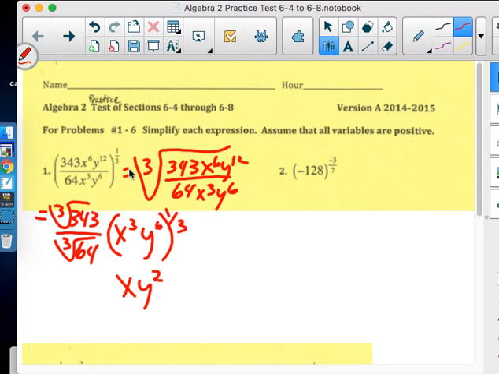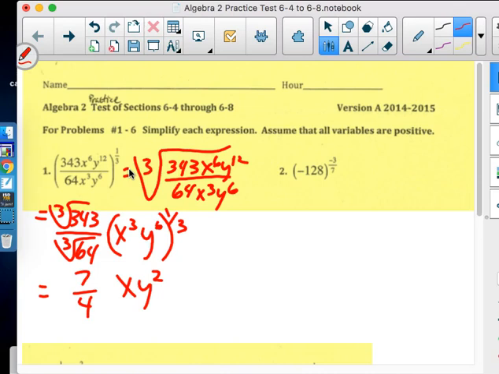But some of you were really good at cubed root when we did that on the last test, so maybe cubed root was great for you there. Did you already look up the cubed root of 343? 7? How about the cubed root of 64? And there we are, 7/4 xy squared.